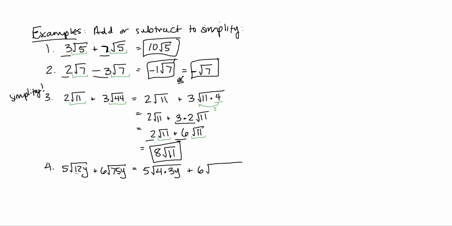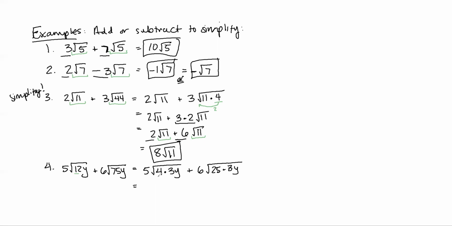And what perfect square goes into 75? Well, 25 goes into it 3 times. Notice how what we're left with on the left radical is a 3y. What we're left with here is a 3y. So you can kind of use that 3 that we had left in that first radical as a hint for this one. Now we can go ahead and take things out.